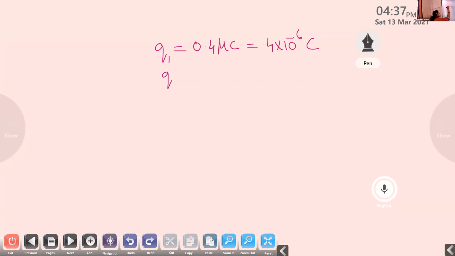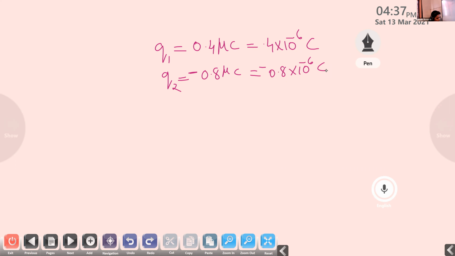And Q2 is given as, what is the value of Q2? Minus 0.8 microcoulomb. That is equal to minus 0.8 into 10 raised to minus 6 coulomb.